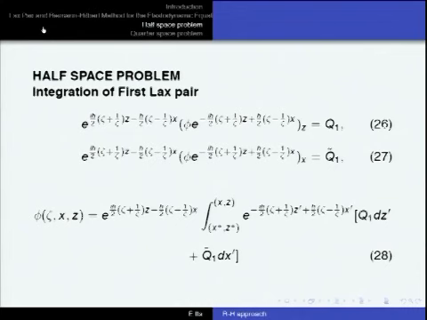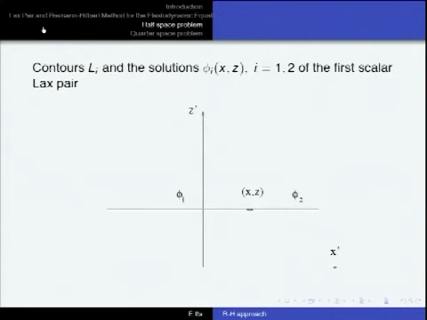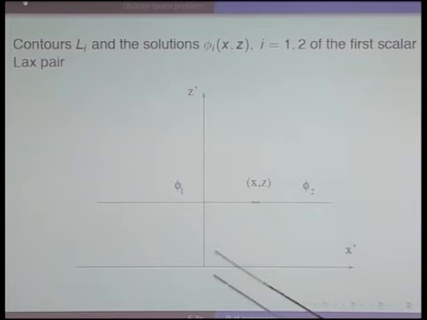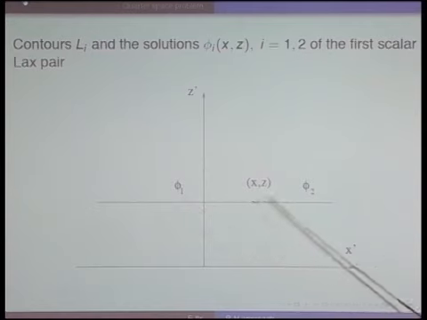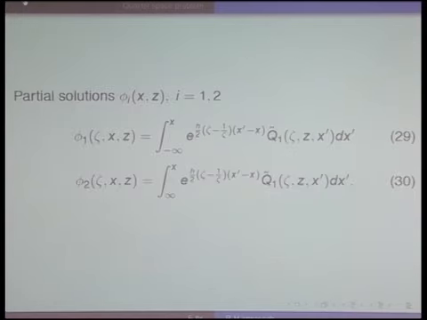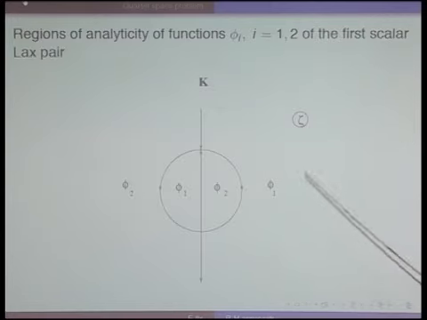So the Lax pair is prepared for integration. It is written as a complete differential, and we write the solution as this line integral. Now, what we need is to fill the complex space with analytic partial solutions. And in this case, it is enough to choose two contours of integration and to get just two partial solutions, and they are analytic in the marked regions of the complex plane.